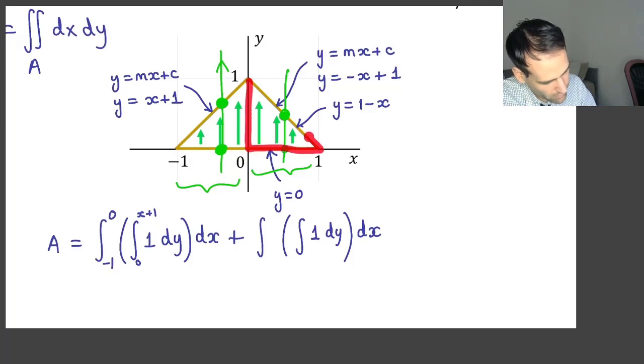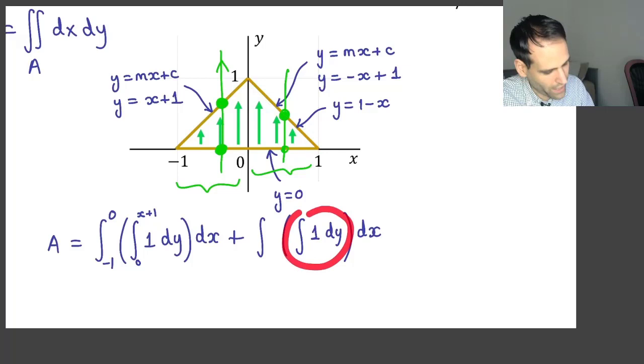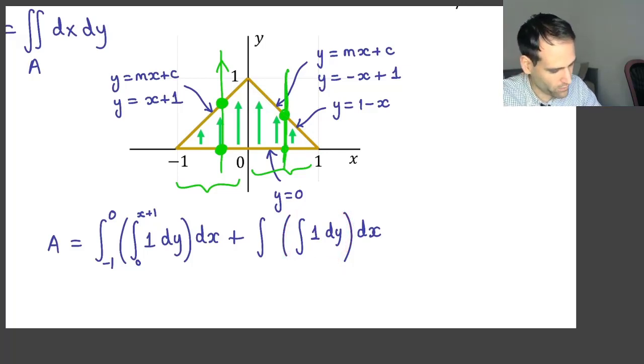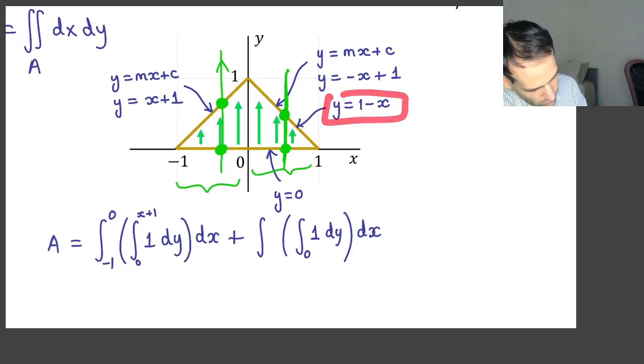Now the second part, which is this area here. So we are first integrating along y. So we draw this vertical line and we look at where it enters the region of integration and where it exits the region of integration. So it enters the region of integration at y equals 0 and it exits at y equals 1 minus x.